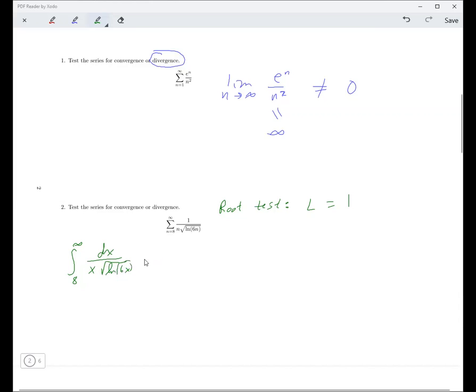This one seems a little bit tricky to integrate, but if you rewrite it like this, log of 6x to the negative 1/2 all over x, then note that the derivative of log of 6x is 1 over 6x times the derivative of 6x, which is 6. So it's 1 over x. So it's this part right here.